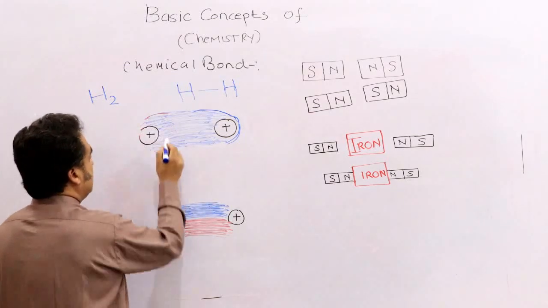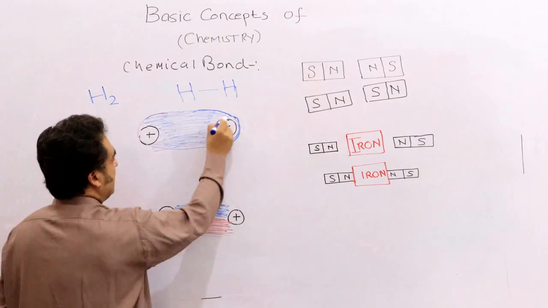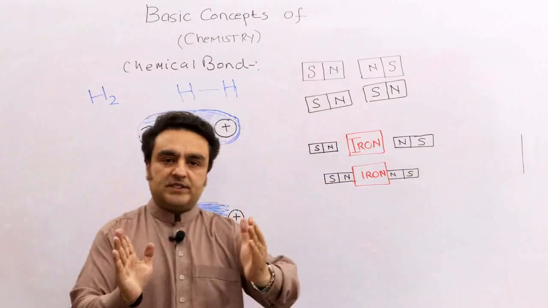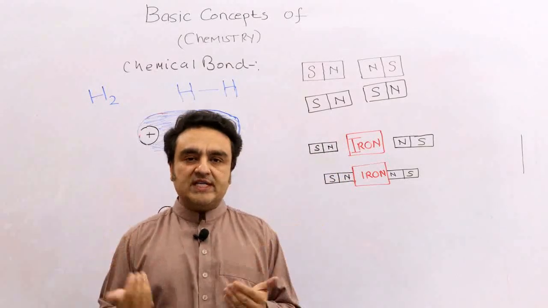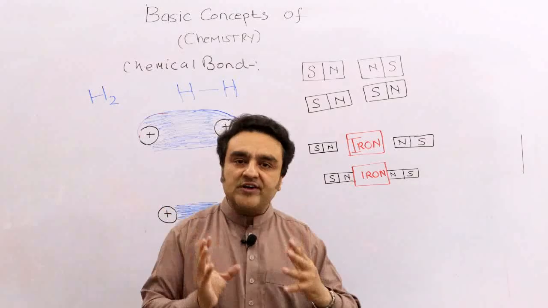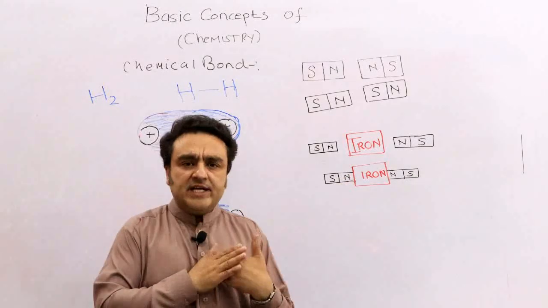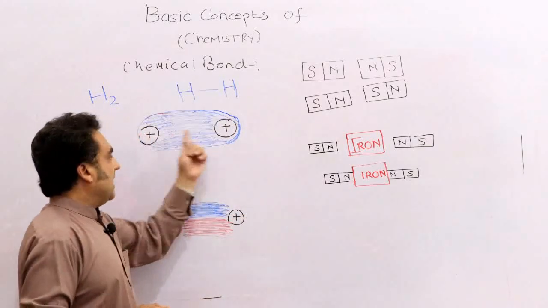The red one should be changed with the blue one or anything. Now you might have heard that in covalent bonds, the electron density is present between two atoms. Now what are the atoms here? Those are the hydrogens.